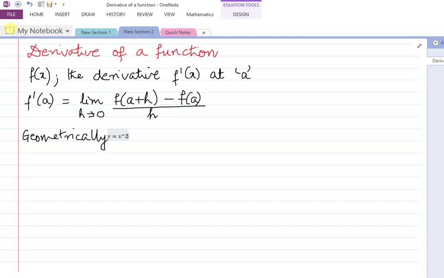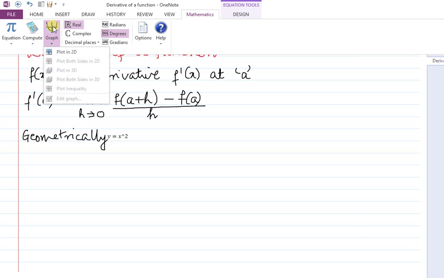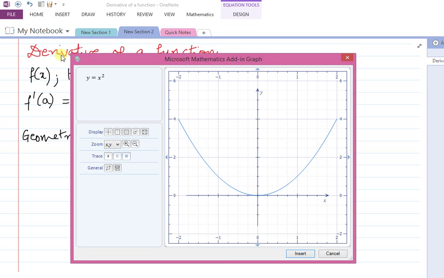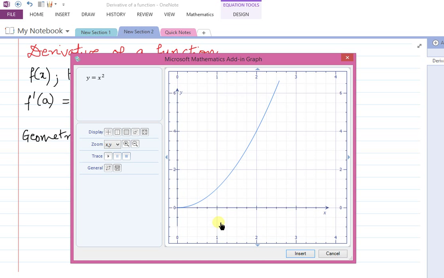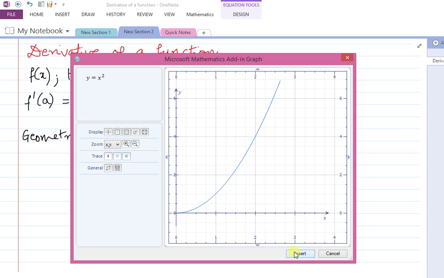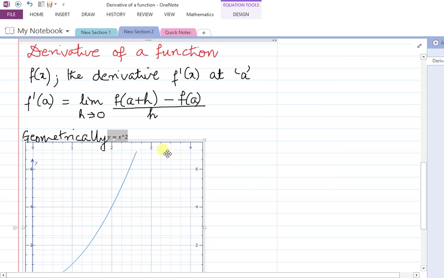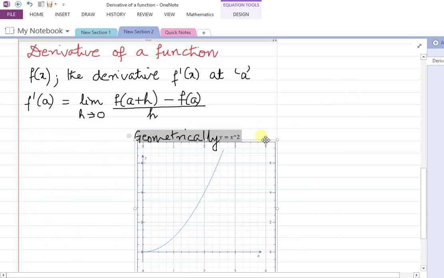So here is our function y is equal to x squared. Let's plot this. And let's take only a part of it which is of interest to us. So here is our function.